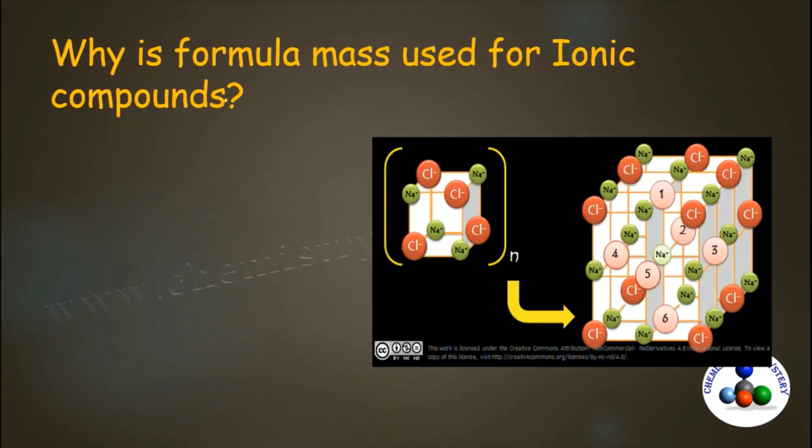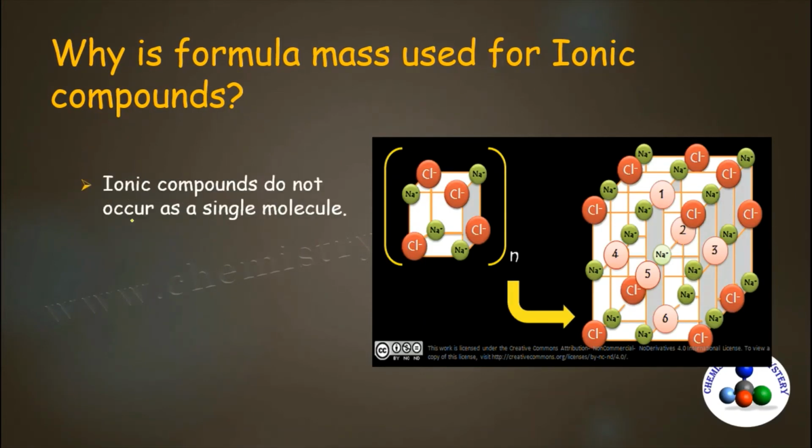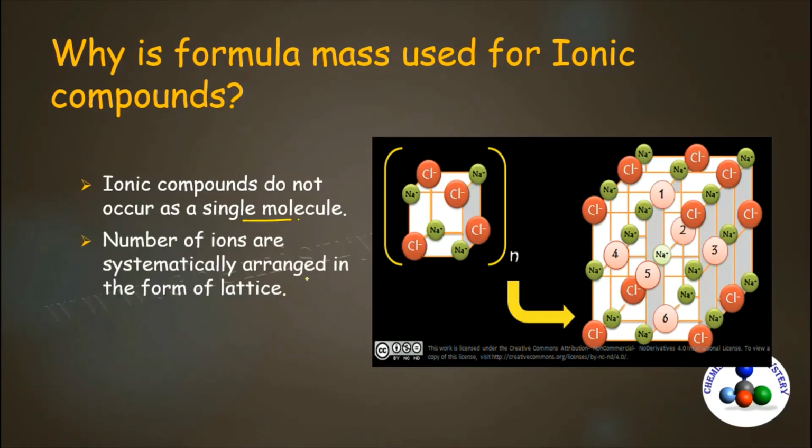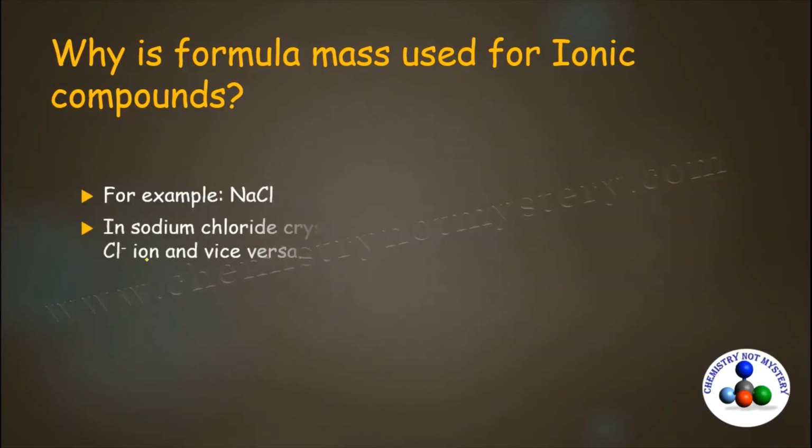So why is the formula mass used for ionic compounds only? Because ionic compounds do not occur as a single molecule. It is the structure of NaCl. Here you can see a number of ions are symmetrically arranged in the form of a lattice. NaCl doesn't exist as a single molecule of NaCl. It exists in the form of a lattice. In a sodium chloride crystal, one Na is surrounded by 6 Cl ions and vice versa.